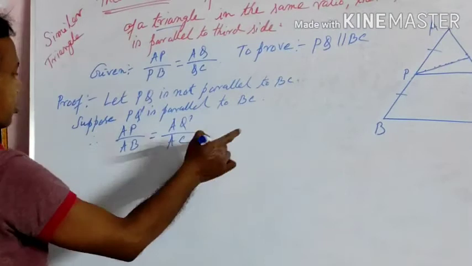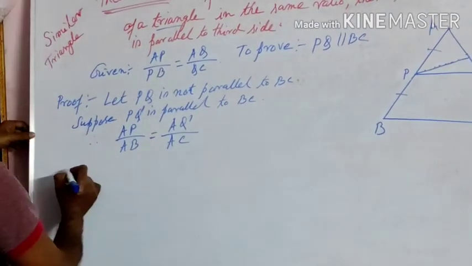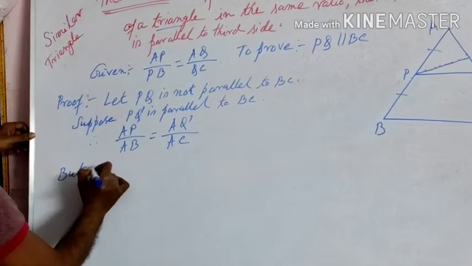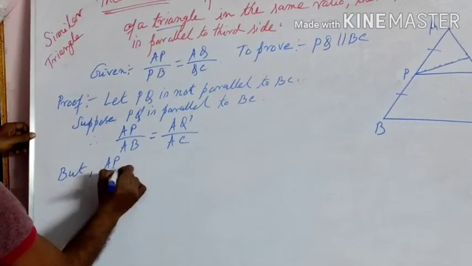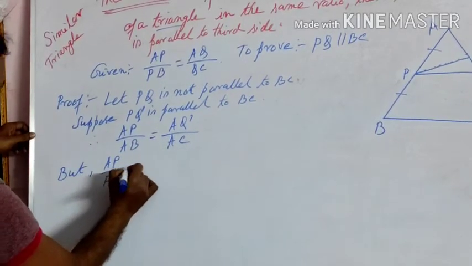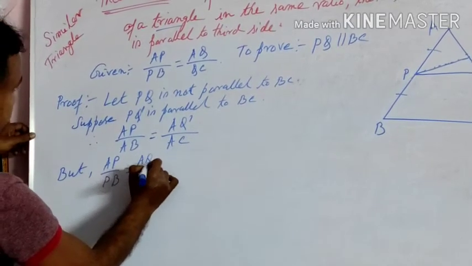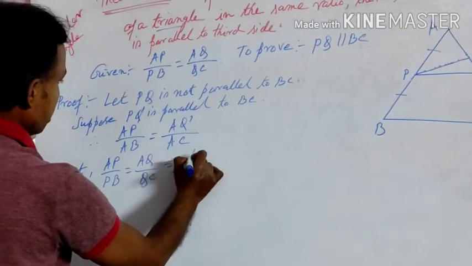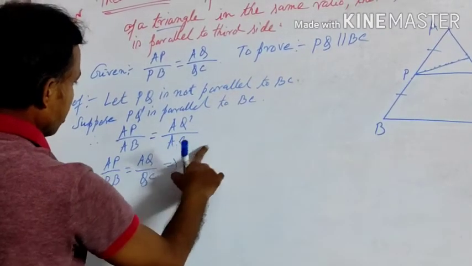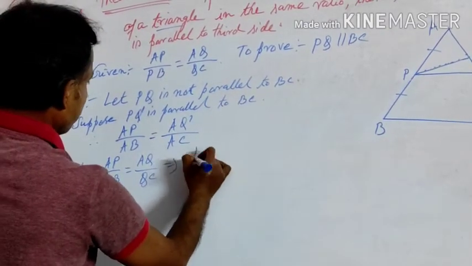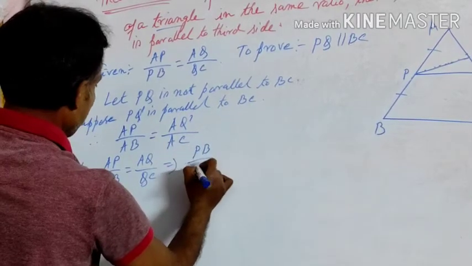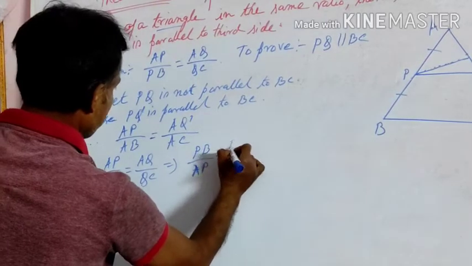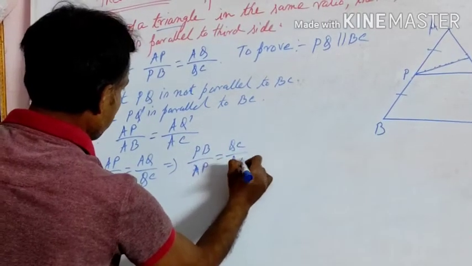But given here, AP by PB is equal to AQ by QC. Now, reciprocally, PB by AP is equal to QC by AQ.